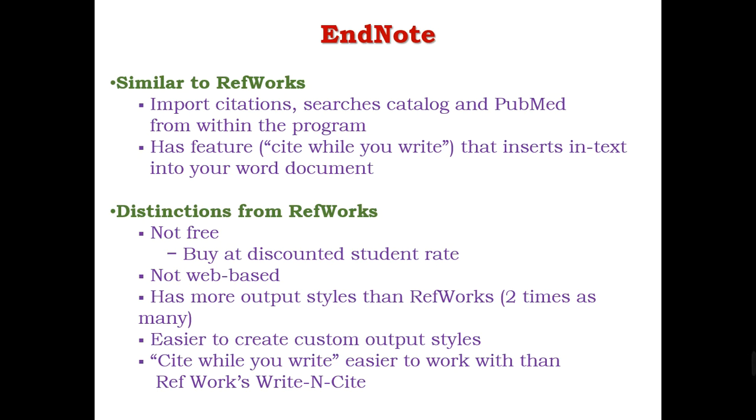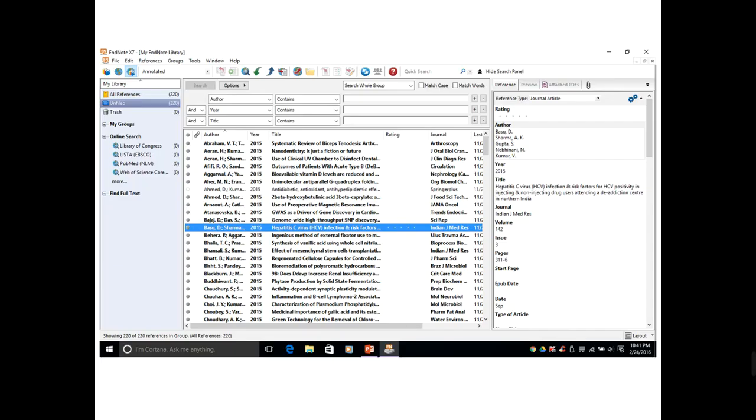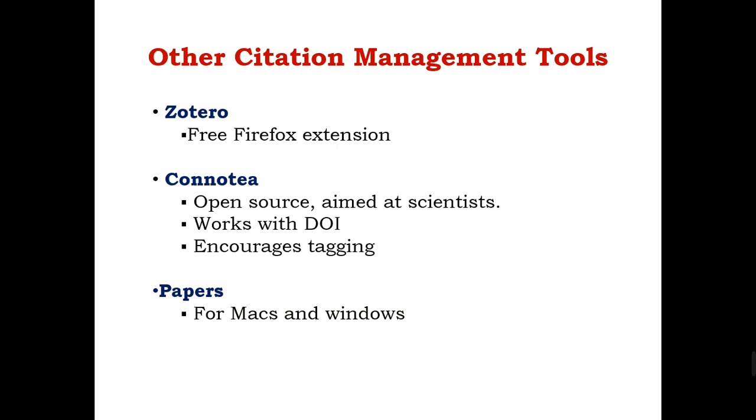EndNote is also very effective, very strong, and very easy, but unfortunately it is not free, and it is not web based. It is a software, so you have to buy it. So this is the picture of the EndNote library.